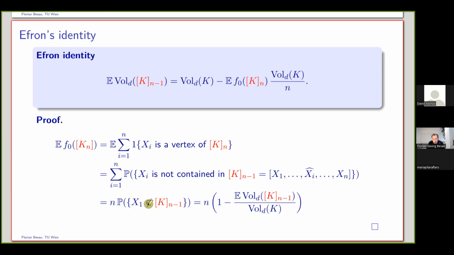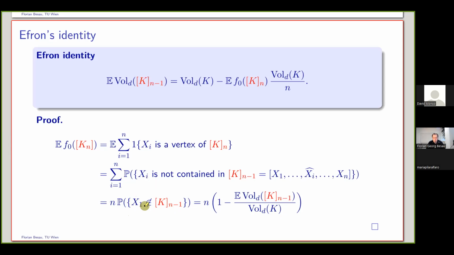And so the probability that x1 is not in the random polytope is basically the ratio of the volume of the random polytope over the volume of the whole body. And 1 minus this ratio is the probability that a point is not inside.